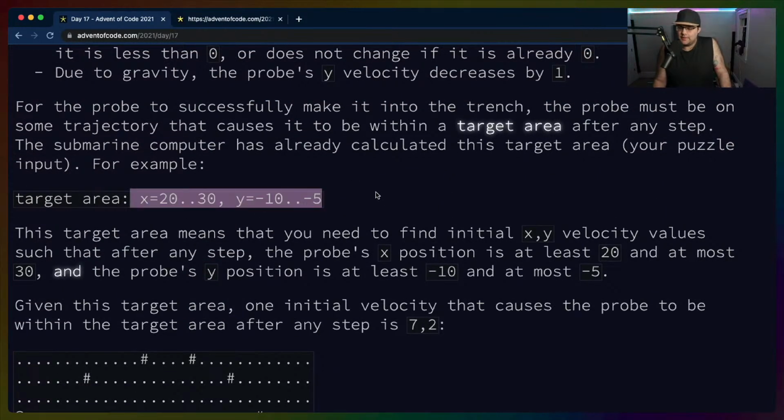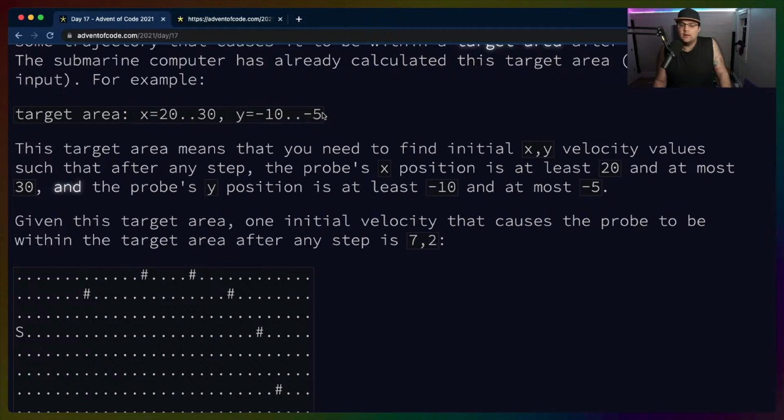I guess the only thing we have to bound them is the target area, right? So if we are at 20 to 30, our velocity can't be higher than 30, right? If our X velocity is 31, then we pass it. And that means we go from 0 to 30.